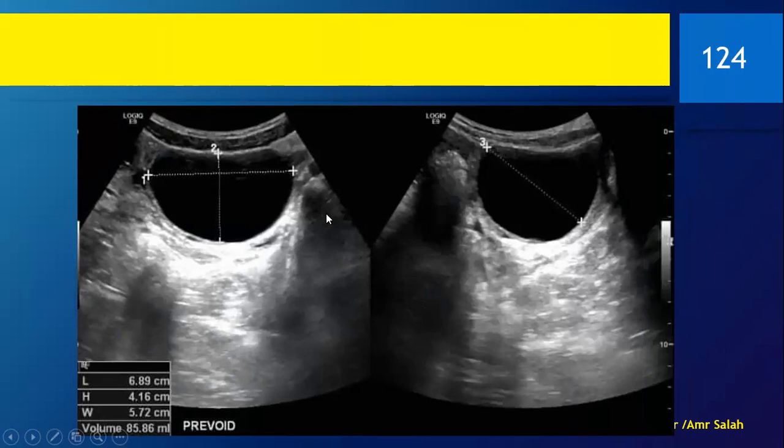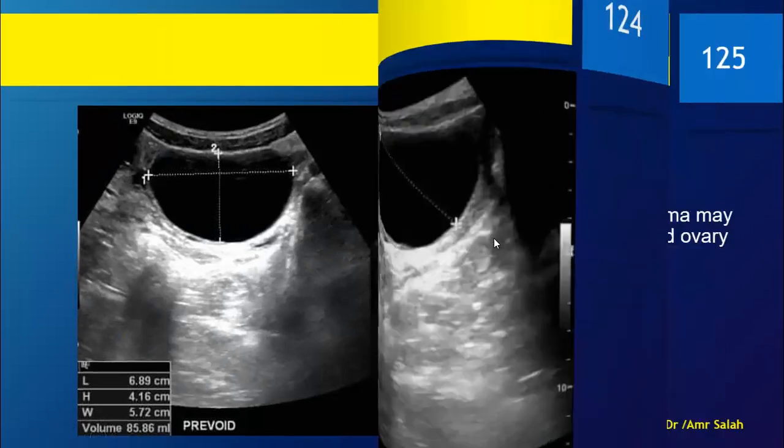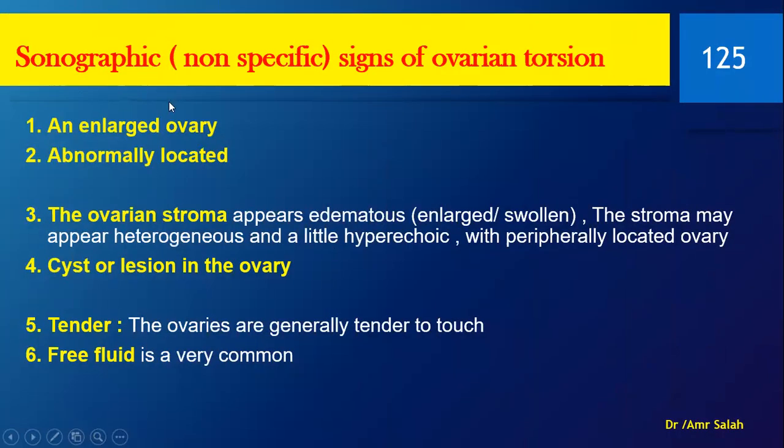So here, is this cyst or bladder? Well, this is a cyst because it looks rather globular or round. All right. So we said that there are non-specific signs, such as the enlarged ovary and abnormal location, and then the ovarian stroma would look heterogeneous.